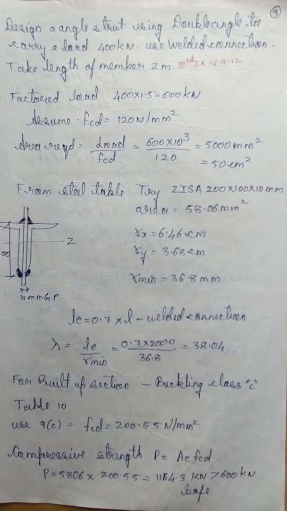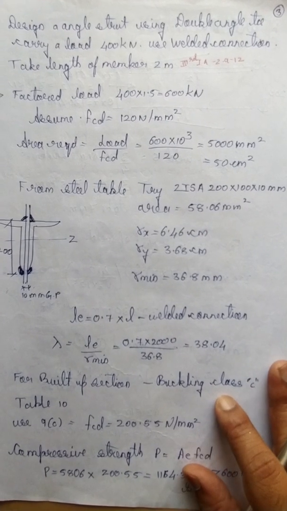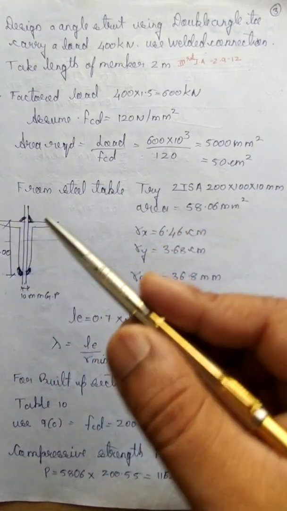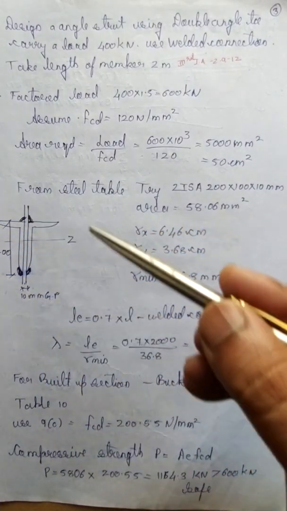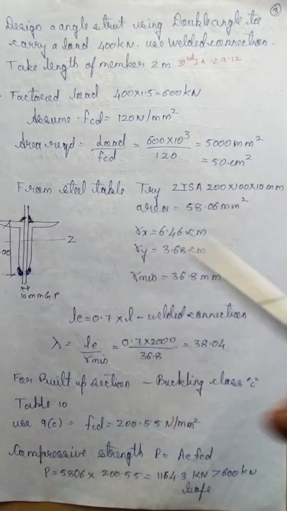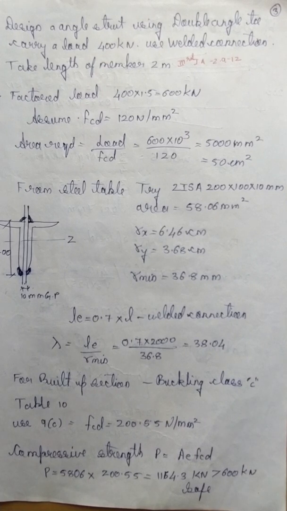Now we need to choose a section, double angle section, from the steel table. Now in the previous lectures we already concluded that when the connection is on the same side, the strength is more for such kind of connection. So generally we will choose a section where the longer leg is connected.